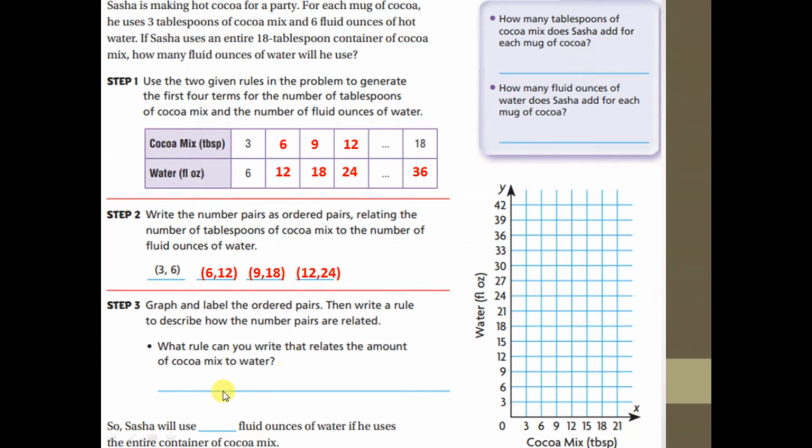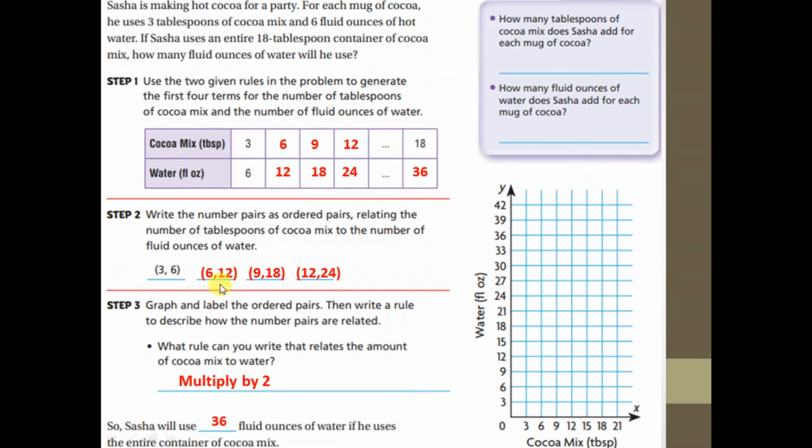And the rule again, what is the rule that relates the amount of cocoa mix to water? The relation between the cocoa mix and water is to multiply by 2. Okay, and finally for 18 spoons of cocoa, you mix 36 fluid ounces of water.